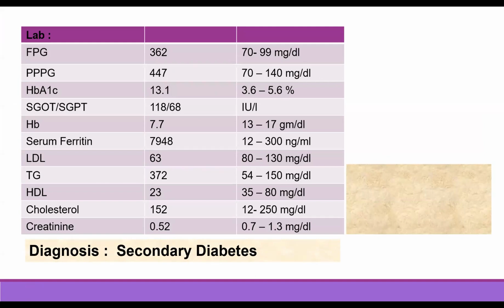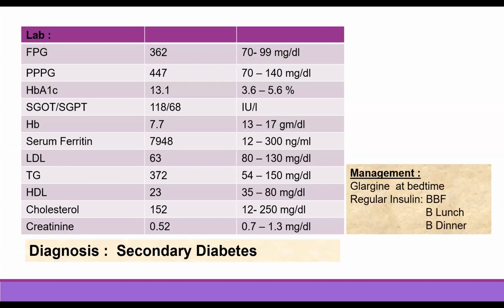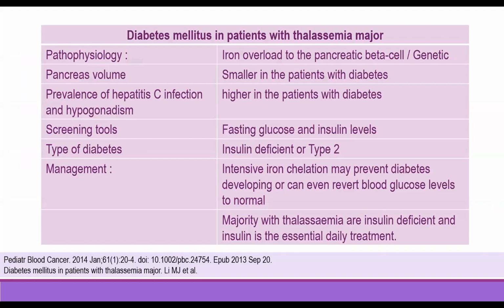If it involves the endocrine aspect of the pancreas, it may give rise to diabetes mellitus, and that is secondary diabetes. We treated the patient with a basal bolus regime, because secondary diabetes is again to be treated with a basal bolus regime, not with metformin or other oral anti-diabetic drugs.